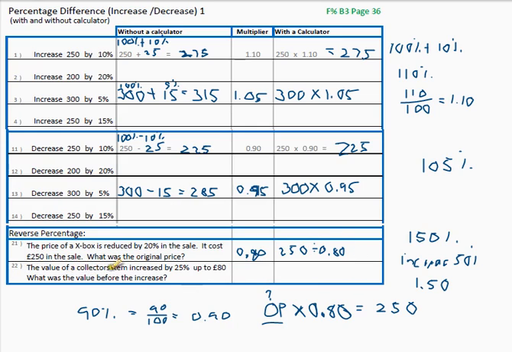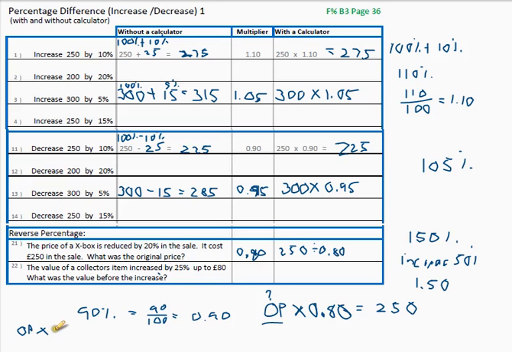This one, the value of a collector's item increased. Now this is an increase by 25% up to 80. So it was the original price. We times with the multiplier, and this is an increase. In other words, 100 plus 25% is 125%.